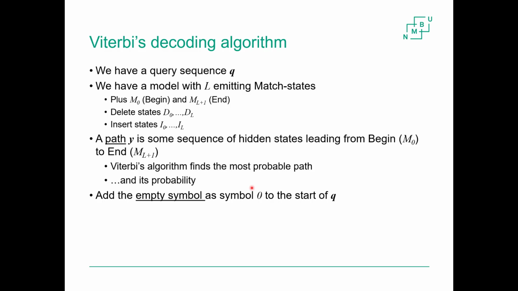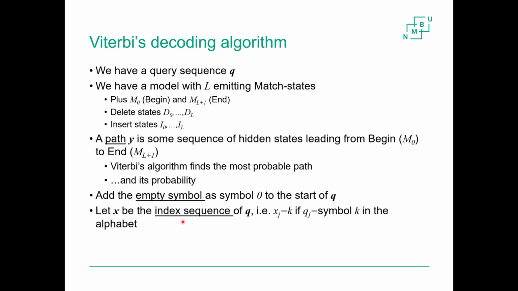We added some empty symbols to the beginning of the sequences. And actually the Viterbi algorithm is also a dynamic programming algorithm. It's in many ways similar to the Smith-Waterman and Needleman-Wunsch algorithms. It's the same type. We compute something else, but you will recognize some elements if you remember back to those basic algorithms from the introductory course in bioinformatics.